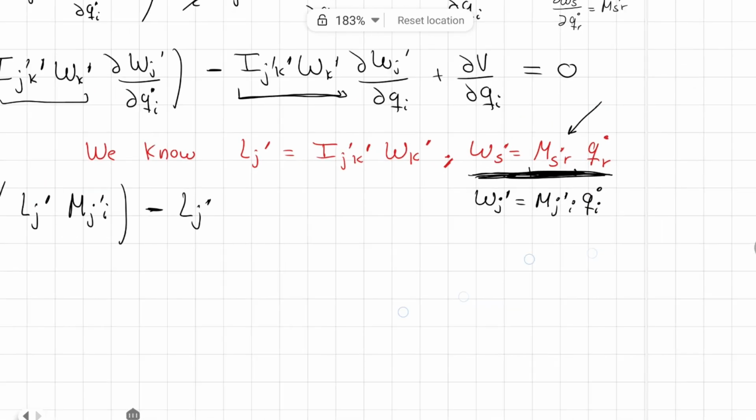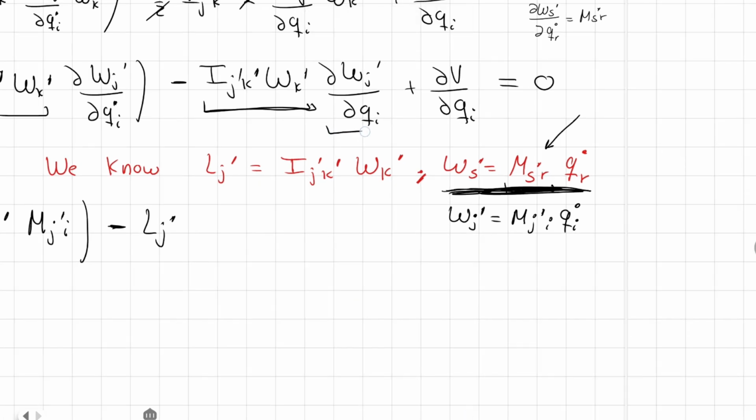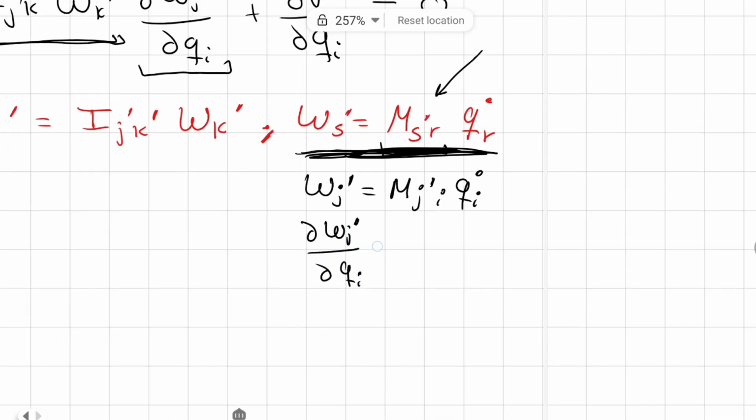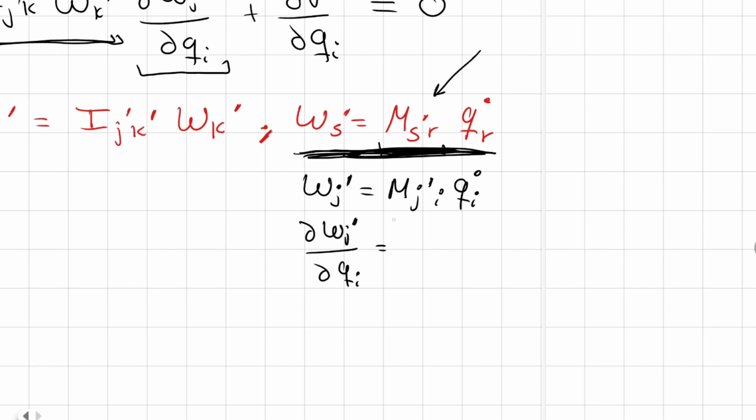So what happens if we want to calculate this partial derivative that we have here? Well, the partial derivative of omega j with respect to qi, looking at this, qi dot doesn't depend on the qi, it's a constant, and this function does depend on the qi, so we are going to just express the partial derivative as it is.